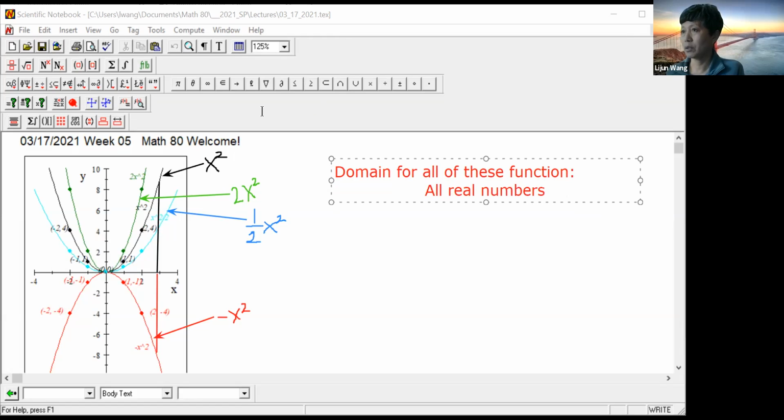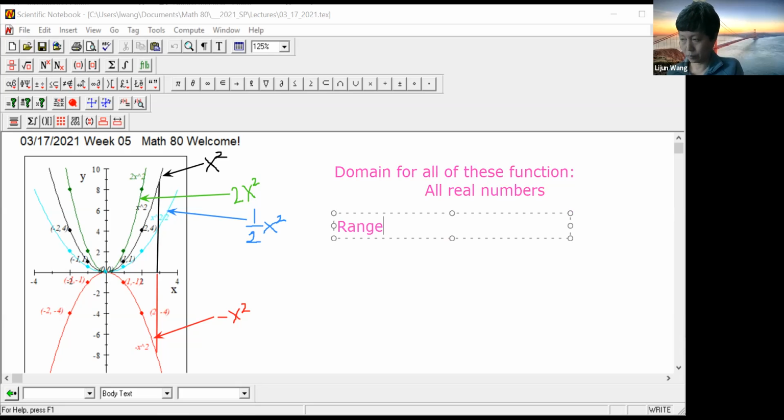Now, let's look at the range. The range for x squared, and we already know that, x squared is greater than or equal to 0.